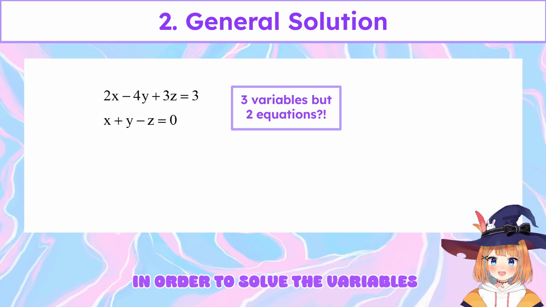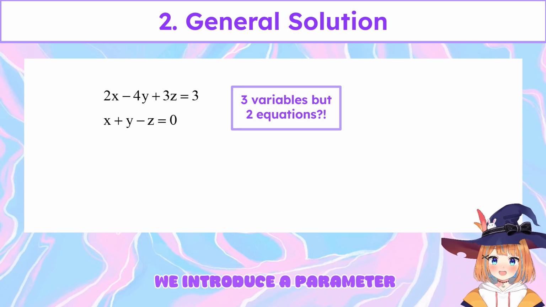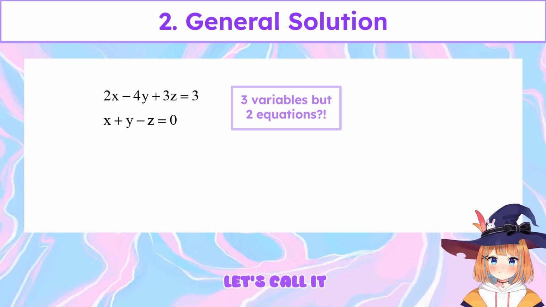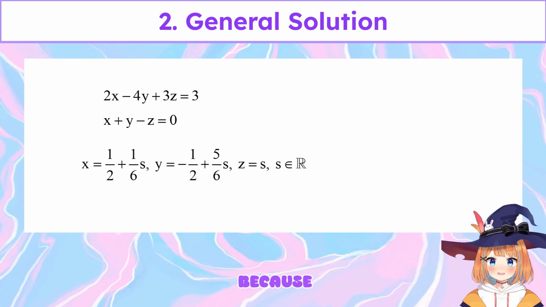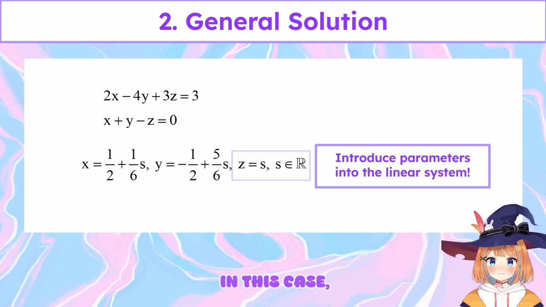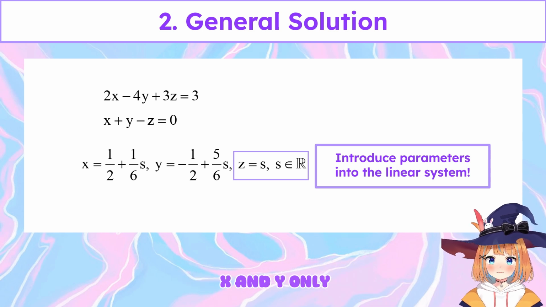In order to solve the variables, we introduce a parameter to a variable. Let's call it s, because why not? In this case, we let z equals s. After which, we solve for x and y as though we are dealing with 2 simultaneous linear equations containing variables x and y only.